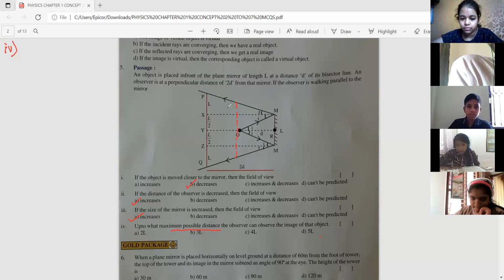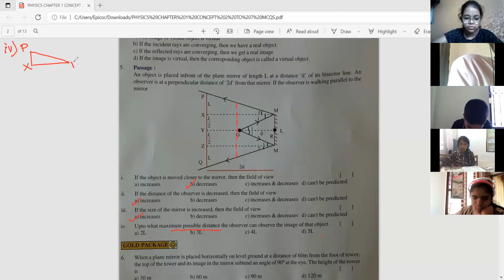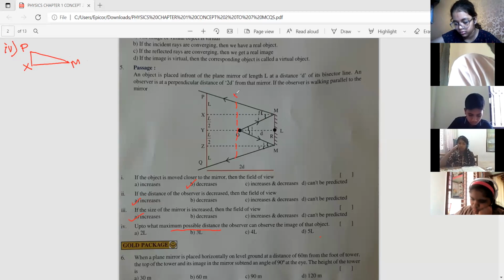Let us imagine a triangle here. First triangle, it is P, X, M. See the figure carefully, children. PXM is one triangle, right? Similarly, let us take one more triangle here. Let us take values X and Y, and A and B here.